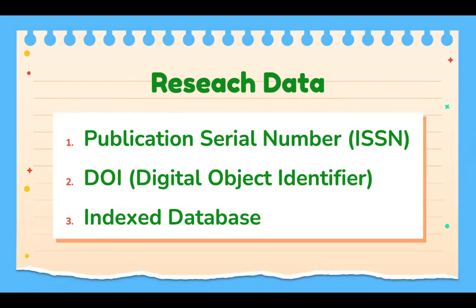A journal may have a print ISSN or electronic ISSN. You may consider any one of them. Second one is DOI, that is Digital Object Identifier.